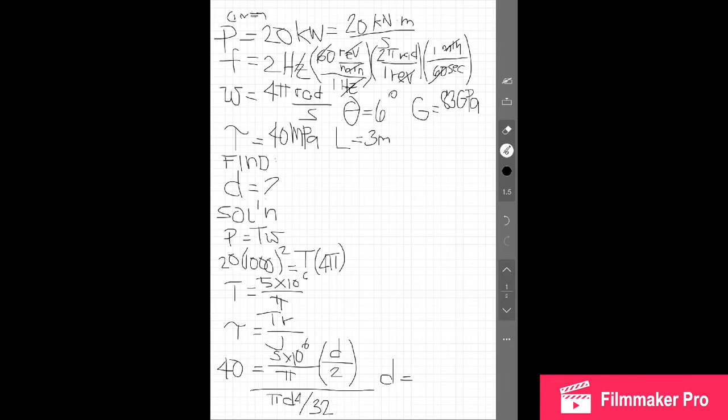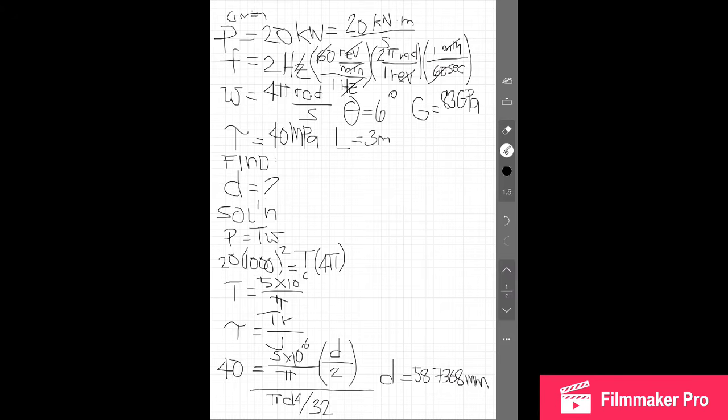Pero kung lalagyan mo yan ng value na medyo malapit-lapit, mas mabilis mahanap yung sagot. So, ang palabas ko is 58.7368, siya ay naka-mm.